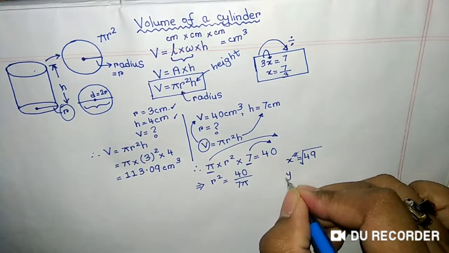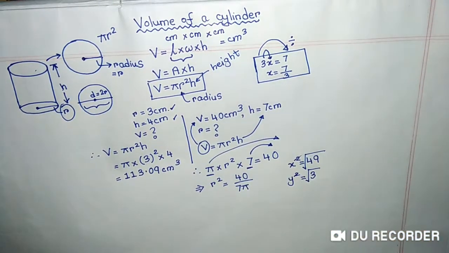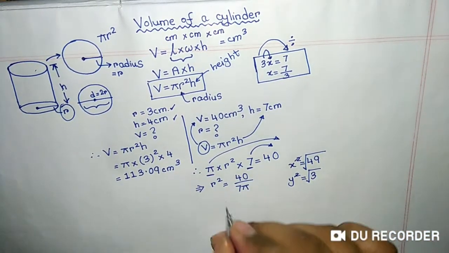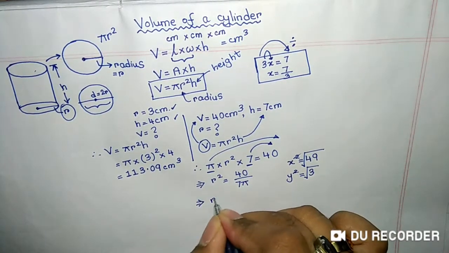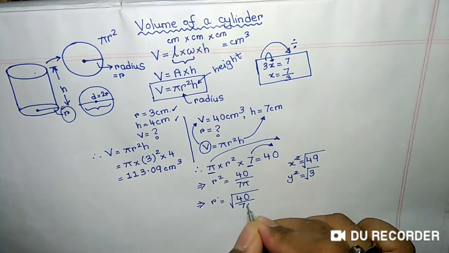So let us do a few more examples. If it is y square equals to 3, we eliminate the square and put a square root on the other side of the equation. As a result, r is equal to the square root of 40 over 7 pi.